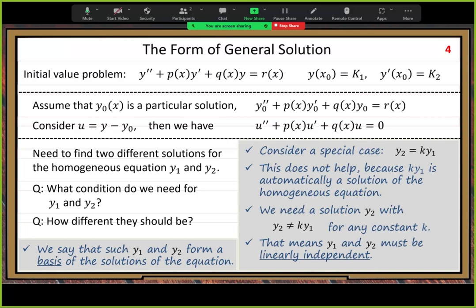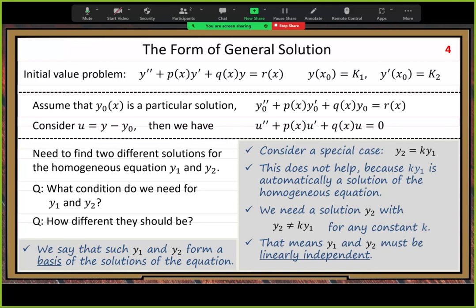After that, if we have a general solution, then we use a general solution to subtract that particular solution. And here we use the u.